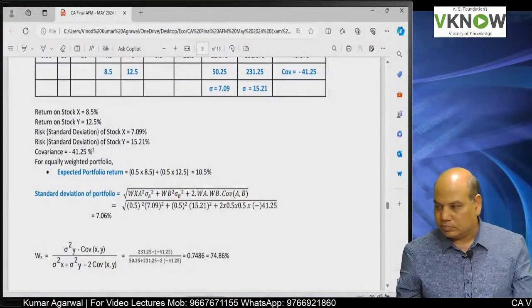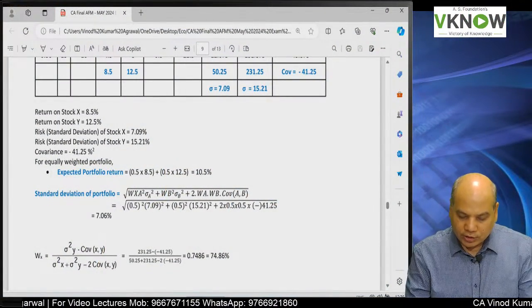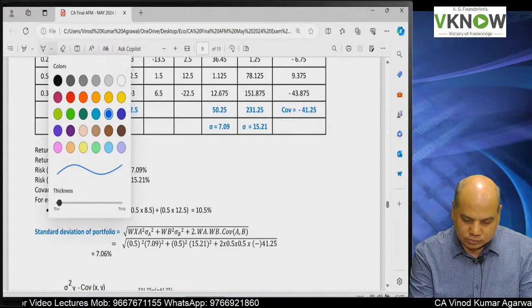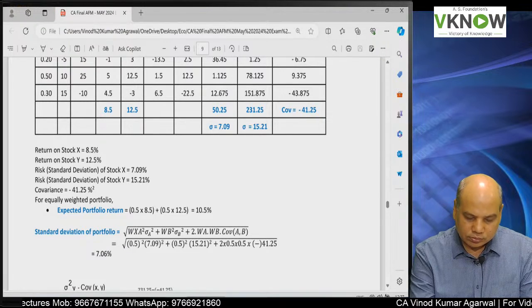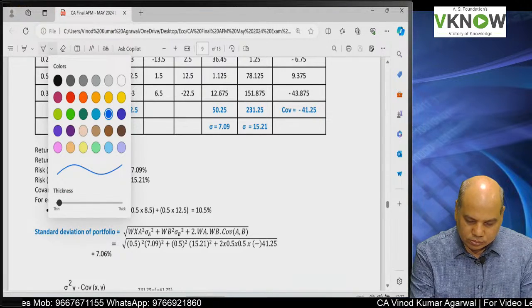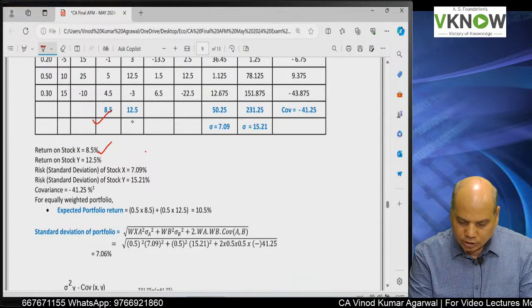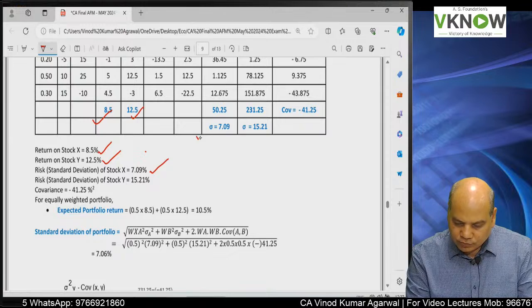Okay, back to business. So return on stock X will be this number, 8.5. Return on Y will be 12.5. Standard deviation of X will be 7.09.